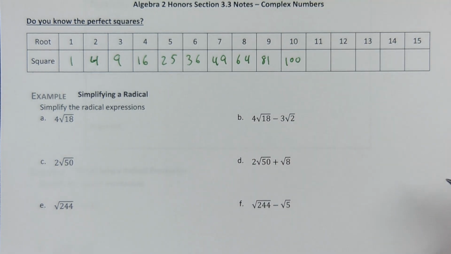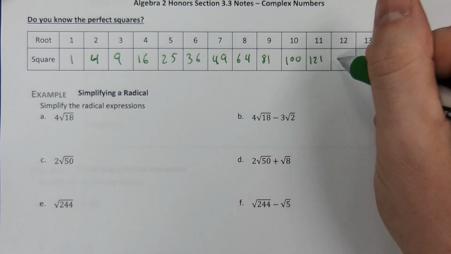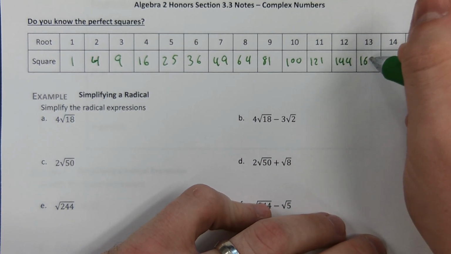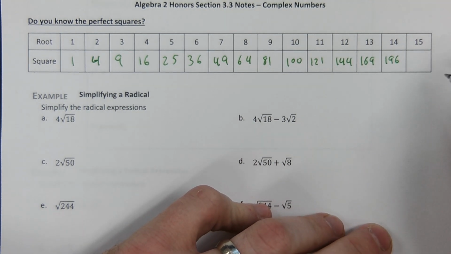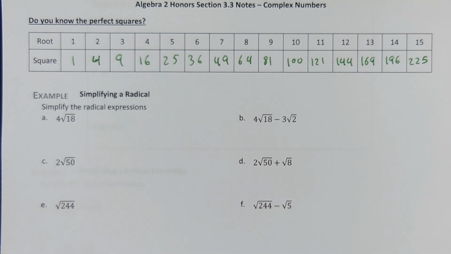Like I said, you definitely have to know those. Past that though, 11 squared is 121, 12 squared is 144, 13 squared is 169, 14 squared is 196, and 15 times 15 is 225. Anything after that is just bonus, okay?